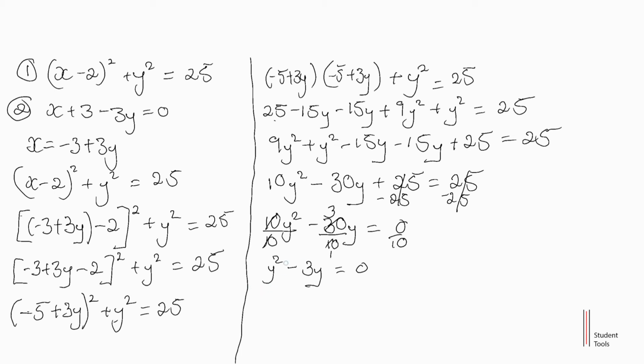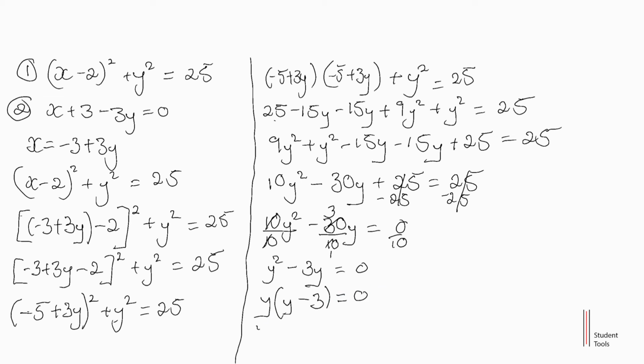Now we will factorize this. We factor out y because it's the common factor: y(y − 3) = 0.